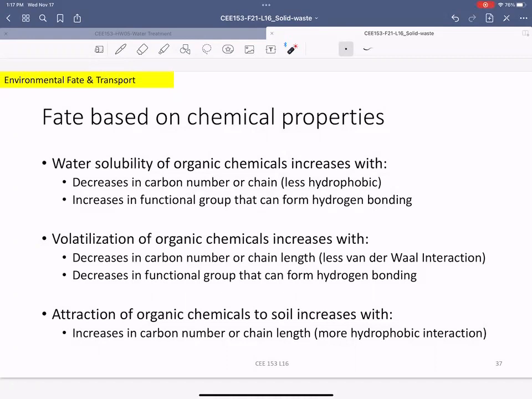The first thing is water solubility. How do you know if a contaminant is water soluble? Just count the number of carbon atoms, because carbon doesn't like to be in water. If you have too much carbon, it's hydrophobic. Hydrophobic means it's phobic to water; hydro is water. If you have too much carbon, it doesn't like water.